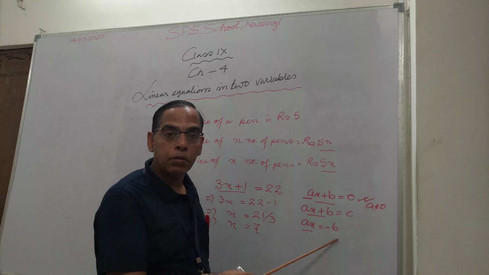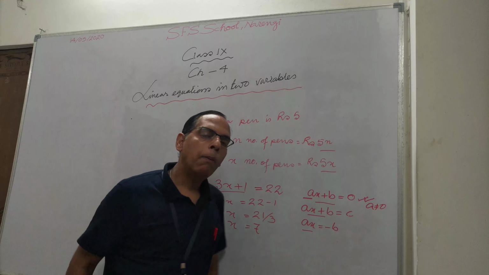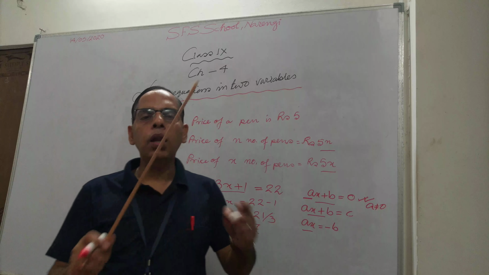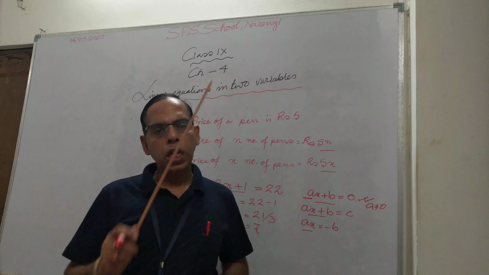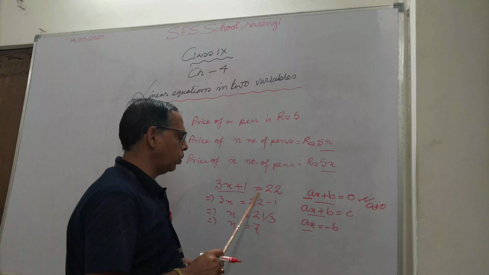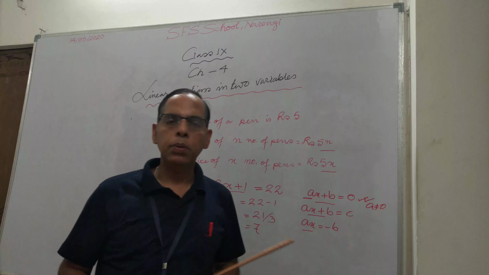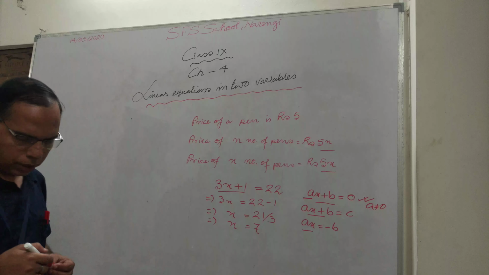What is the name of the term? Monomial. So ax equal to minus b. Equality of two algebraic expressions is known as an equation. Okay, clear? Now let's see the next one.